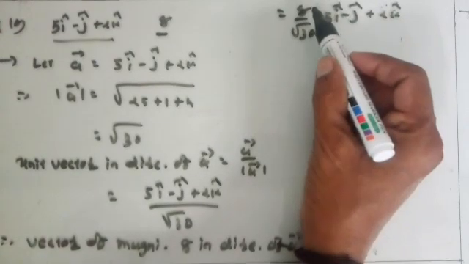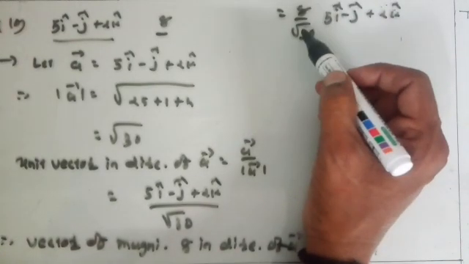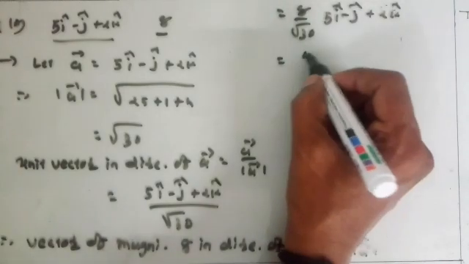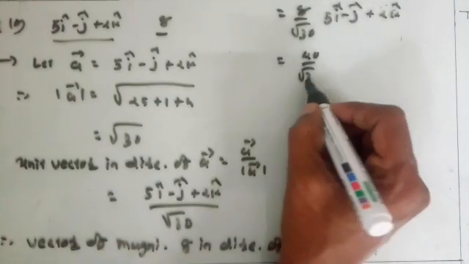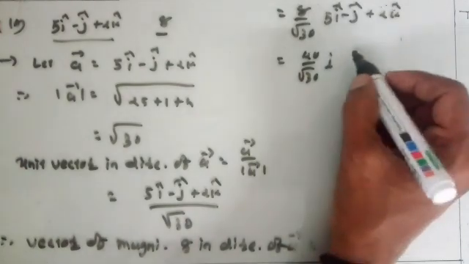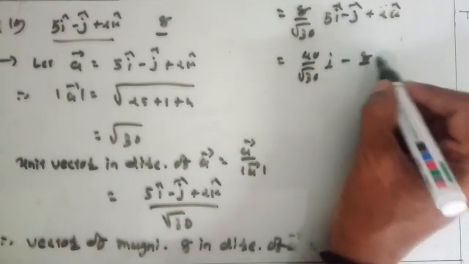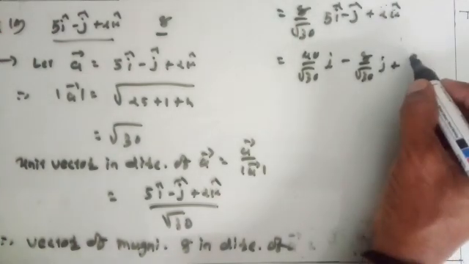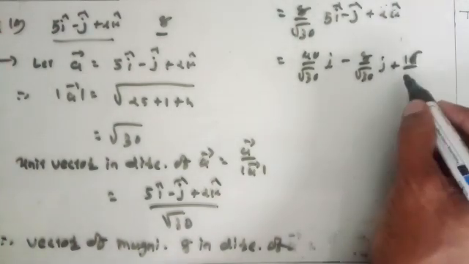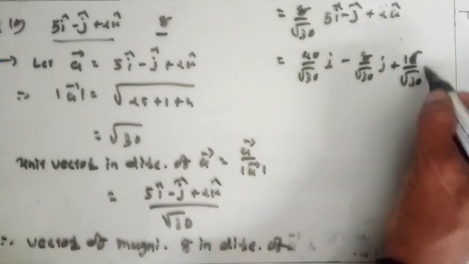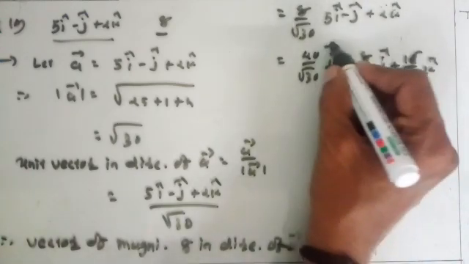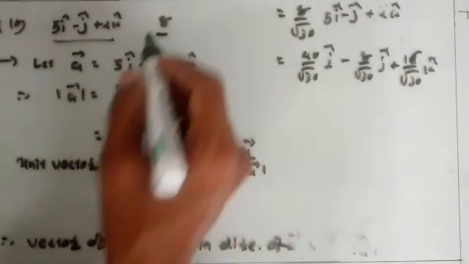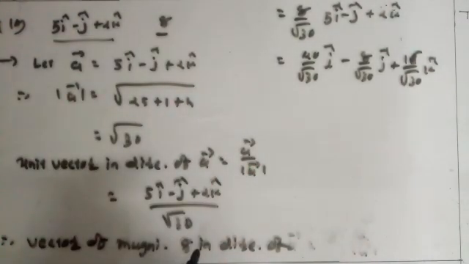Now multiplying 8 upon root 30 to each term, we get 8 into 5, 40 upon root 30 i minus 8 upon root 30 j plus 8 into 2, 16 upon root 30 k. This becomes the required vector of magnitude 8 in the direction of the given vector.